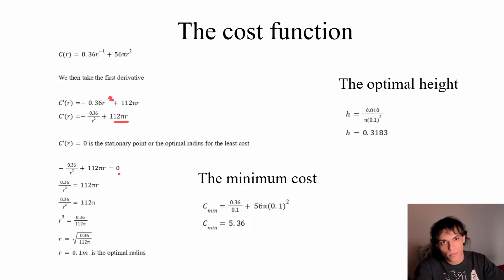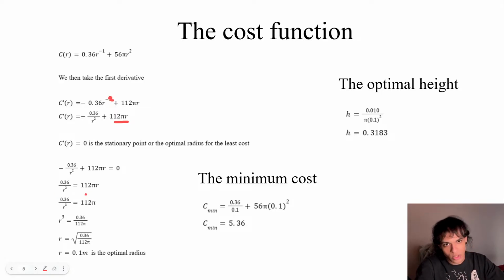Next, since we need to find the minimum amount of radius, we use the stationary point rule. So we take the zeros of this equation. We equate it to 0, and then we take this to the other side. Now both of them are positive.